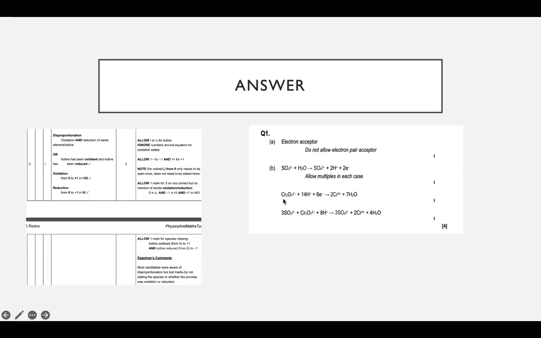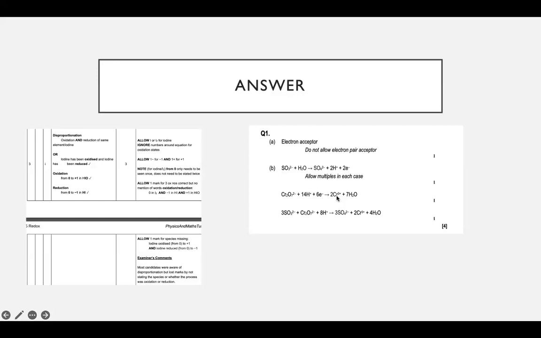So if we look at the dichromate one, this is just what I mean about balancing the chromiums. Cr2O7 2- has two chromiums in that species, and it's going to Cr3+. So the first step before we do anything is we need to balance the chromiums, and we do that by putting a big 2 in front of Cr3+.